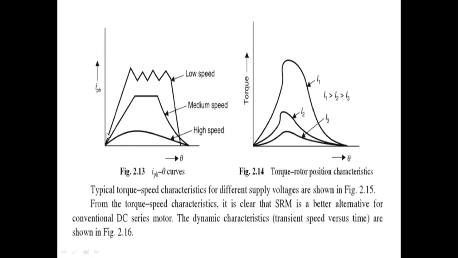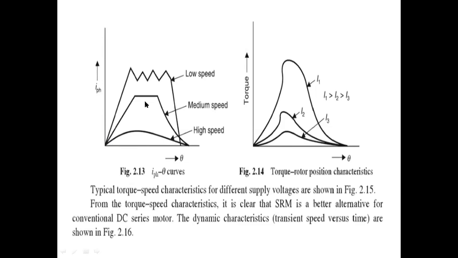Nothing but the current is a minimum value as shown, and the current value with respect to the theta angle should be decreasing. Next, for the medium speed motors, the current value at a certain rotor angle should be a constant current taken by the motor, a constant value at a theta angle of, suppose, 60 degrees.